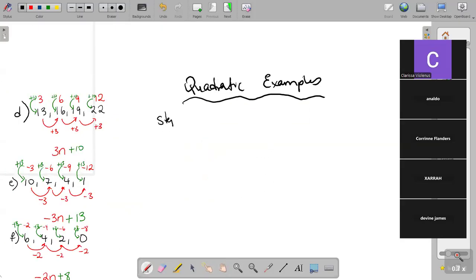Step 1, find the constant difference. This you will have to do twice. That's how you know it's quadratic.